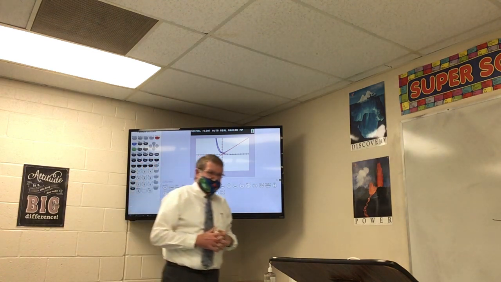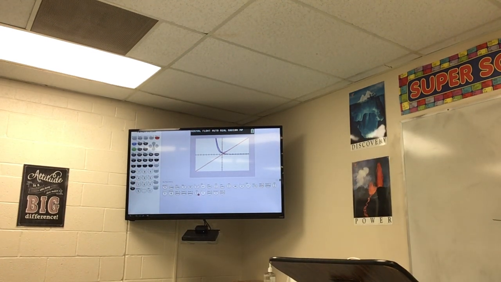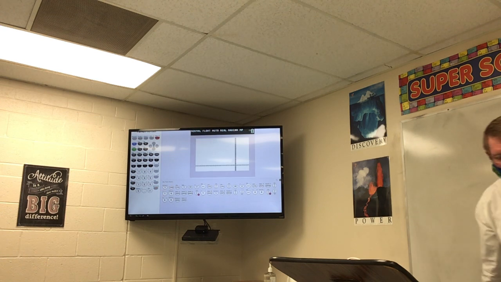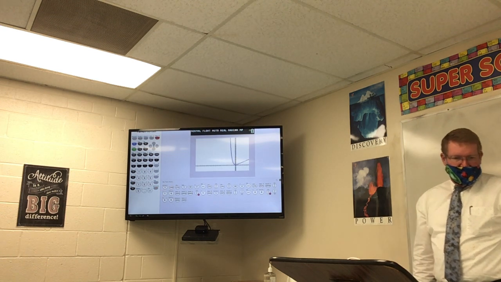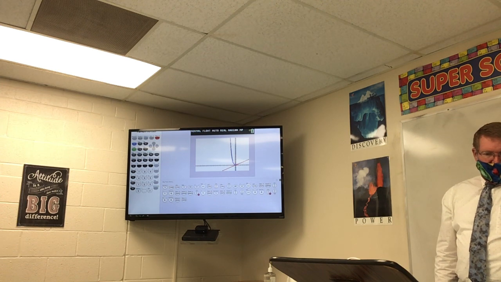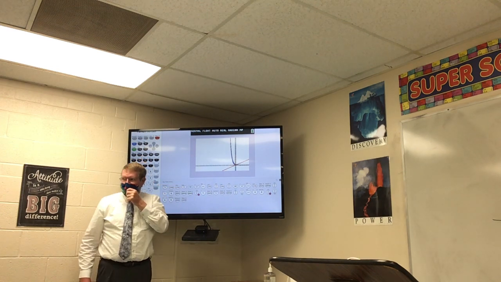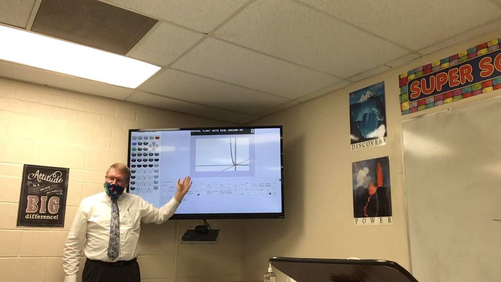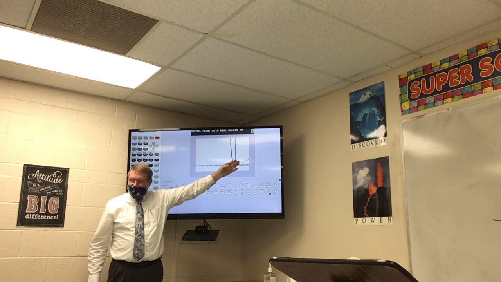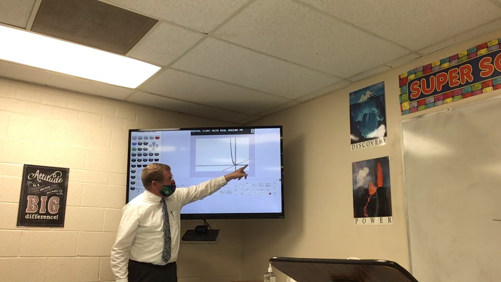If I make my window bigger, you can see that the blue and the black are merging together. So e to the negative x would be my left end behavior, and x would be my right end behavior. Because you see here's the e to the negative x here, going back.